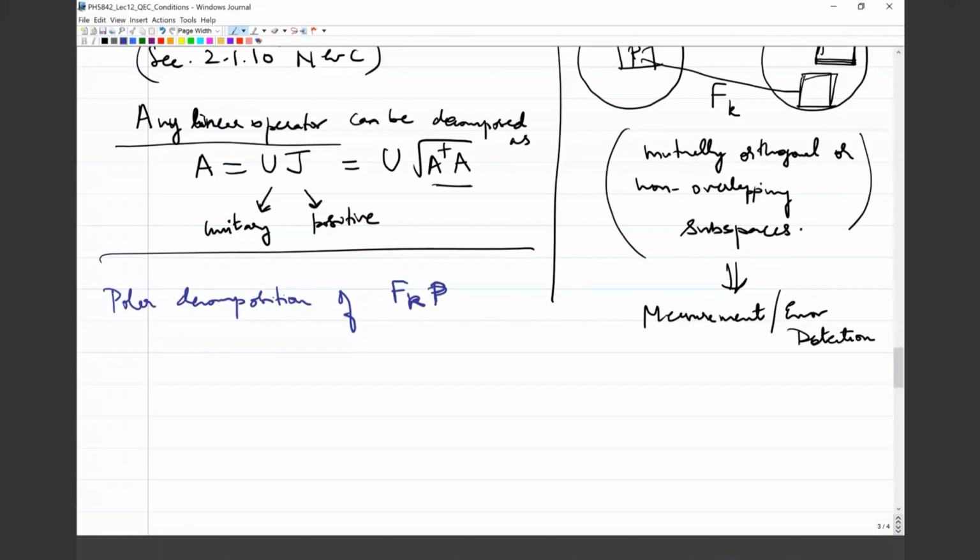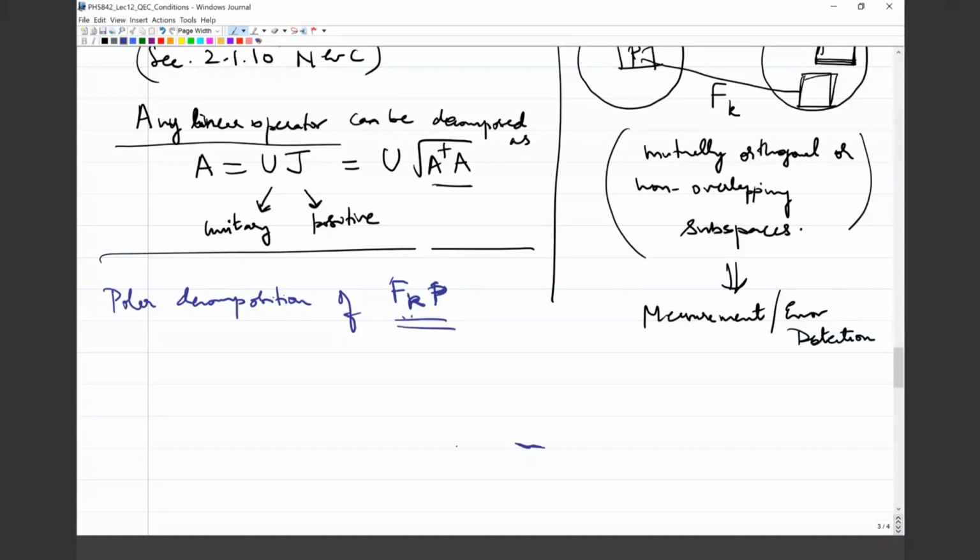That's what happens in the case of, say, the Pauli kind of noise channels, like what we had, the bit flip or the phase flip. But what I'm more interested in is the error operator times the projection on the code space. This product object is what I'm interested in. And I want to see if this is really like a unitary or not. And the claim is somehow this condition guarantees that this is like a unitary operator.